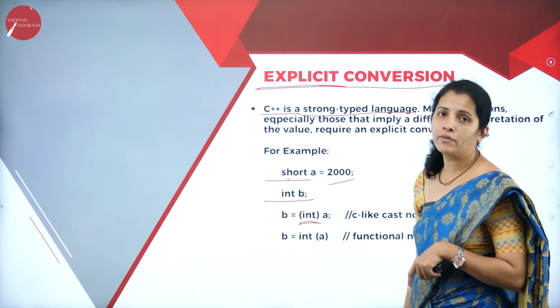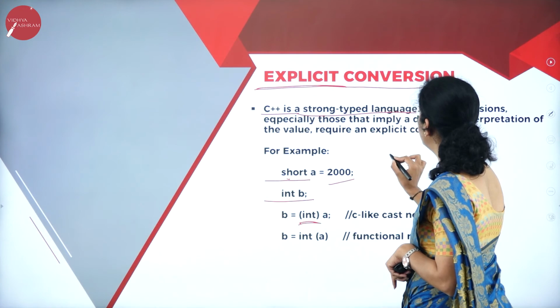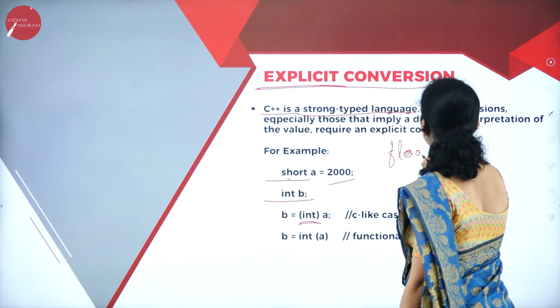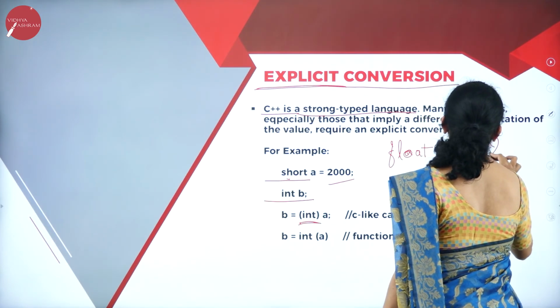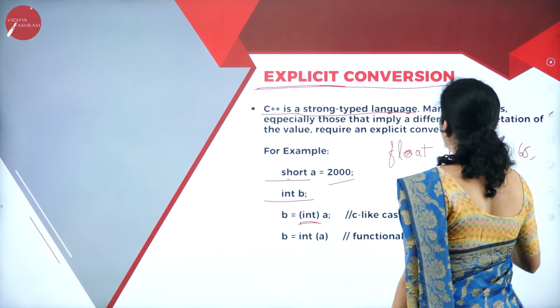So which type of conversion? That is integer. Consider the example here, float. So here float is the data type and n is the variable, and what is the value? That is 20.65.